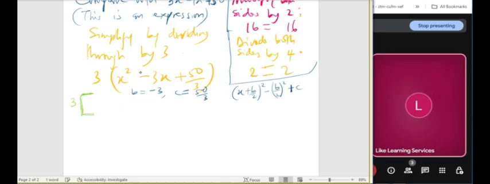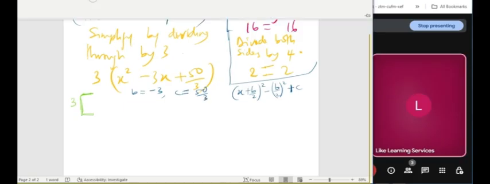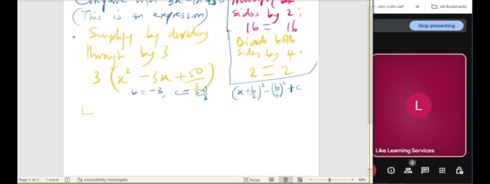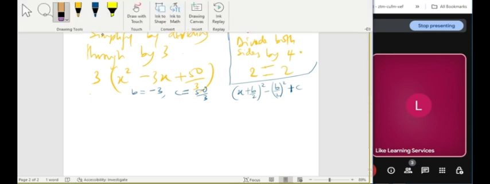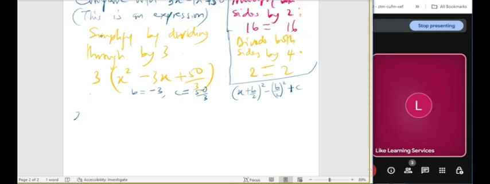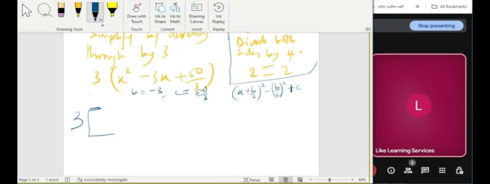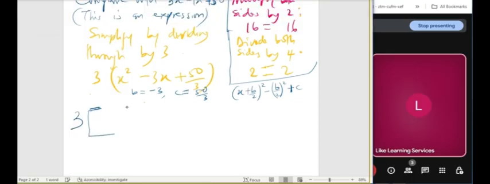Okay, so let's just put in there. So let's go. We have a big 3, and then we complete the square of the one inside the bracket. Shall we?